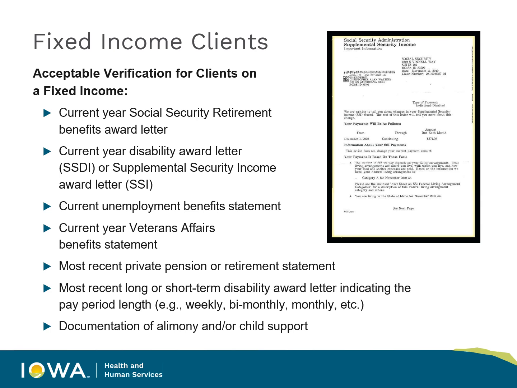For clients who are on a fixed income, meaning they're getting a monthly benefit or a weekly benefit with a fixed amount that never changes, these are the acceptable verifications.